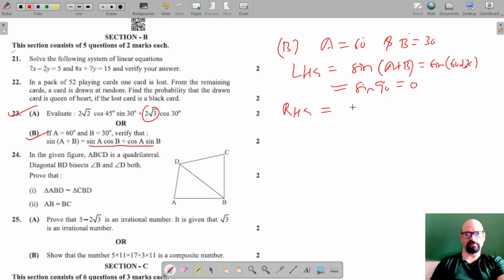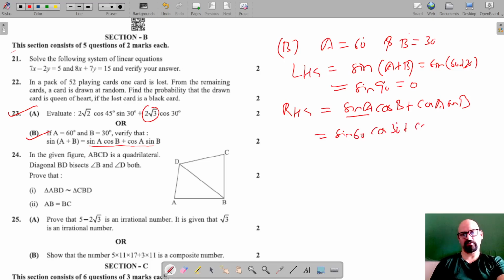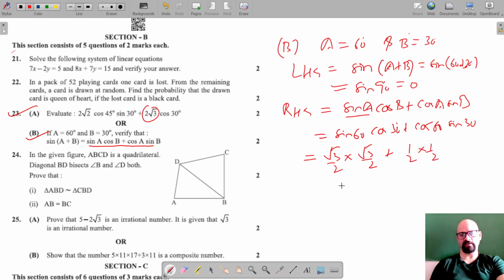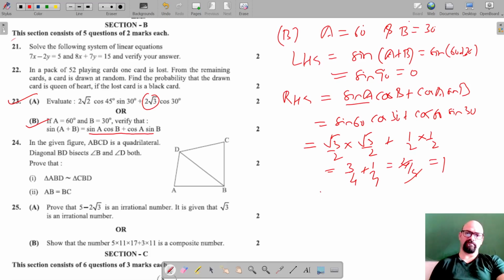RHS is equal to sine A cos B plus cos A sine B, that is sine 60 cos 30 plus cos 60 sine 30. Let's put in their values. Sine 60 is root 3 by 2, cos 30 is root 3 by 2, cos 60 is half, sine 30 is half. So this is 3 by 4 plus 1 by 4, which is 4 by 4, equal to 1.